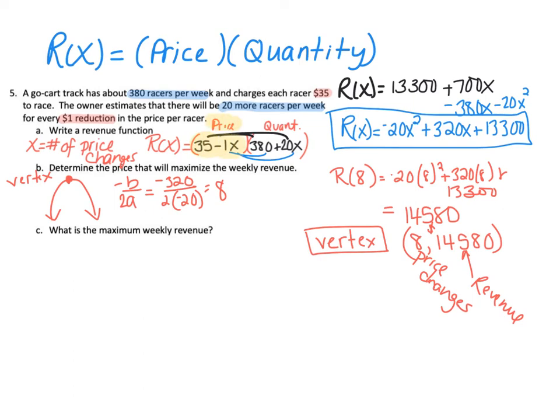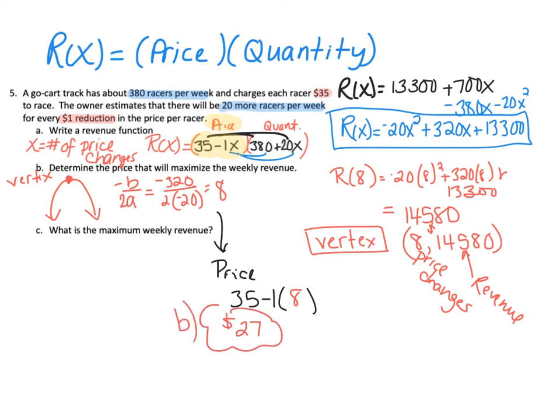The price was equal to 35 minus 1x. So if you take this price expression and plug your x value in, and you just found that x is 8 when it's maximized at the vertex, 35 minus 8 is $27. That would be my answer to part B.